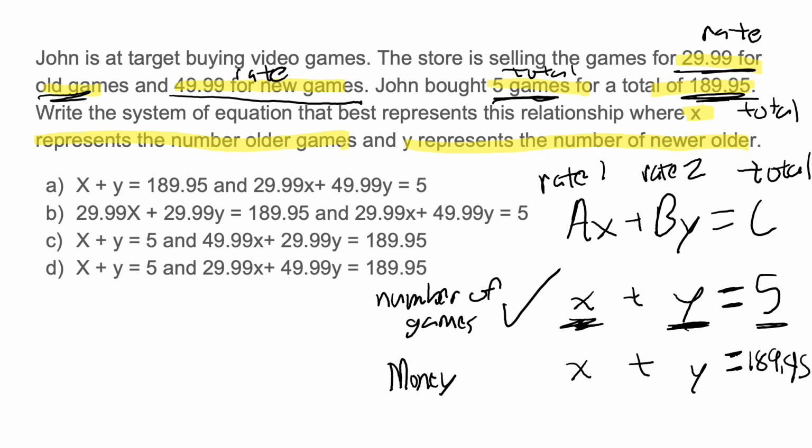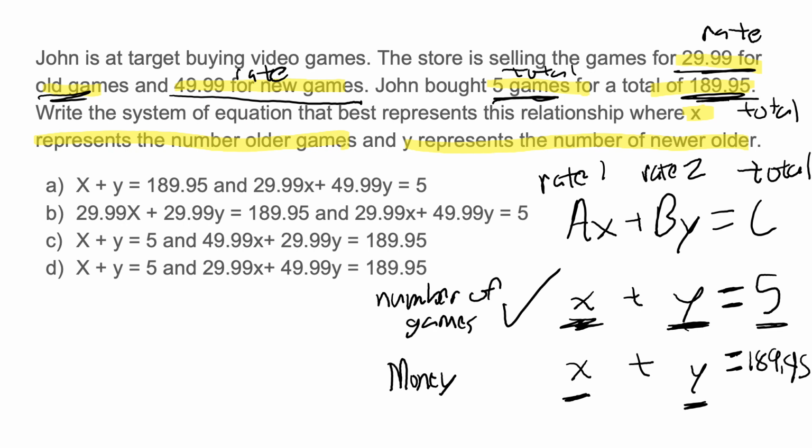Now let's talk about the next one. Old games plus new games gives me 189.95. Okay, so something sounds off because here we're talking about games and then money. So we need to change and give the rates to these so that way it can make sense and talk in terms of money.